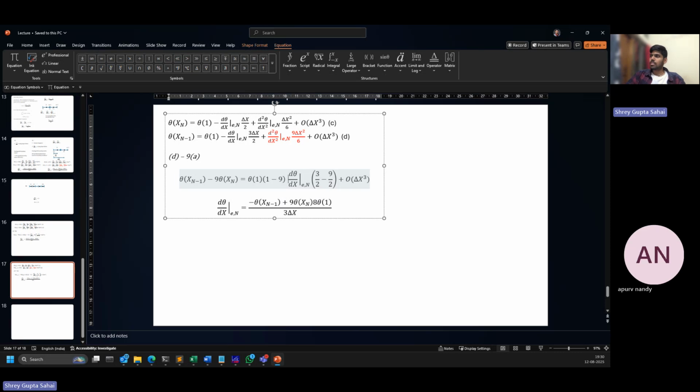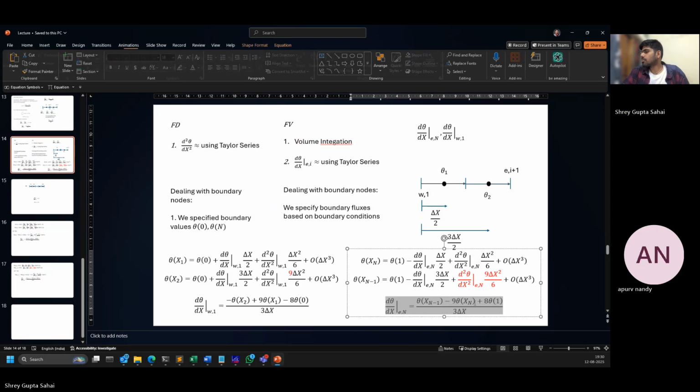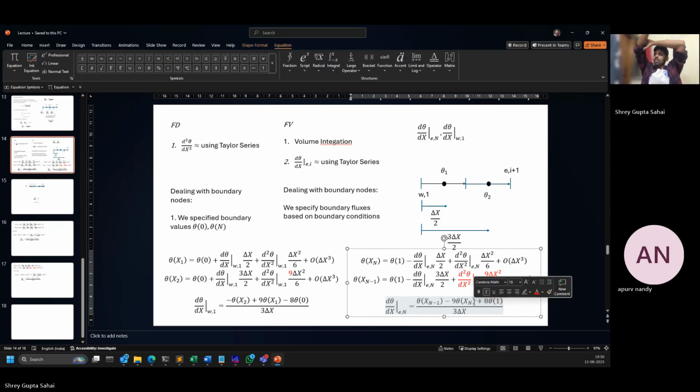Let me take this minus inside. So that. Now what do we have? Theta of x. Yeah, this is okay. Essentially getting these two terms. Fine. So now we have these two equations for these two terms.